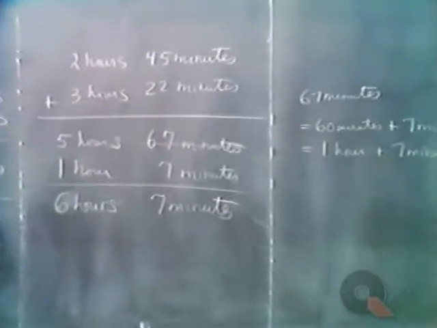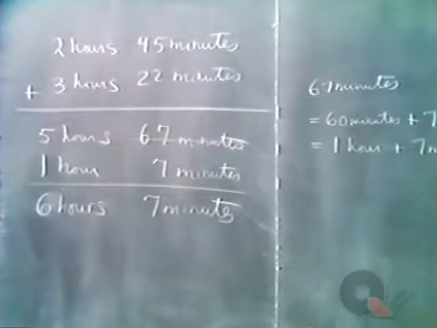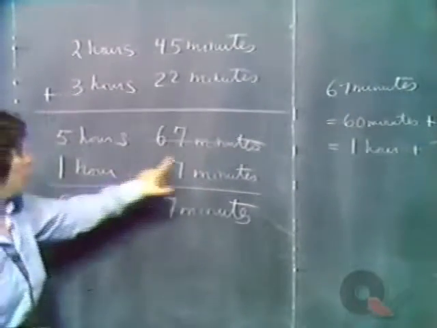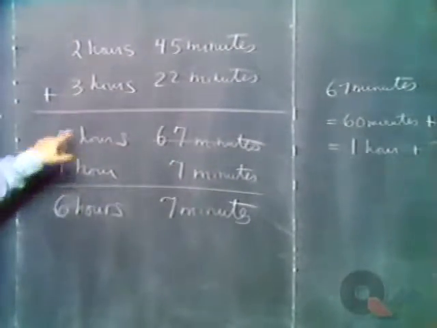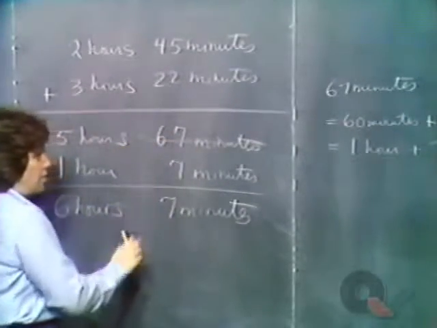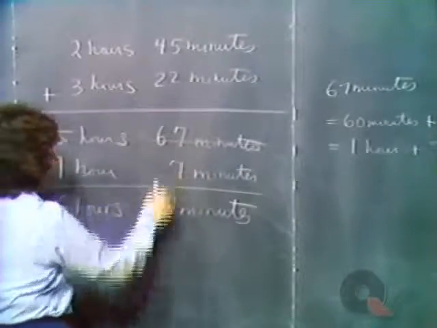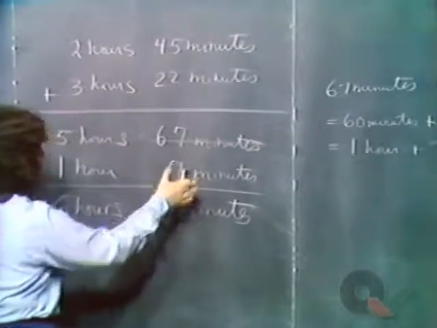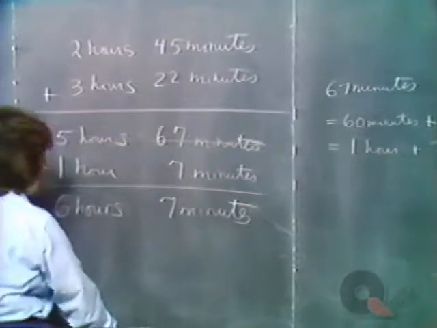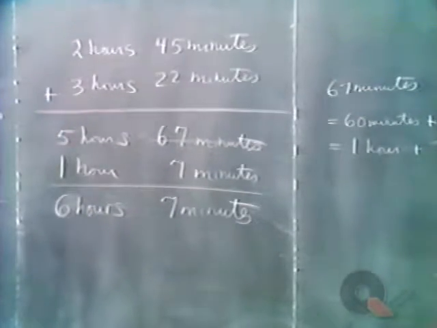However, it's probably not going to be one of the choices on the exam. We rewrite 67 minutes as 1 hour plus 7 minutes, add that. In other words, 5 hours, 67 minutes means 5 hours plus 67 minutes, and we rewrote the 67 minutes as 1 hour, 7 minutes, added it to the 5 hours, we got 6 hours, 7 minutes, and that would probably be the answer that you would see on the test.